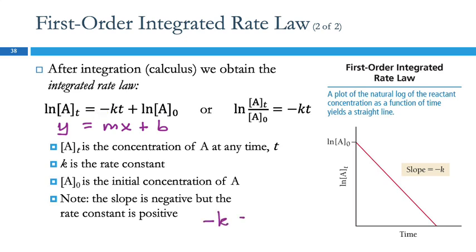Negative k equals m, which means that k equals negative m. So we do end up with a positive rate constant. Any questions yet?